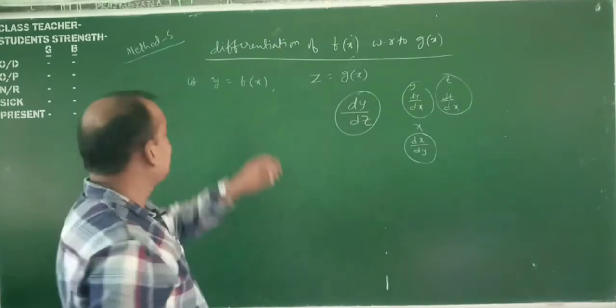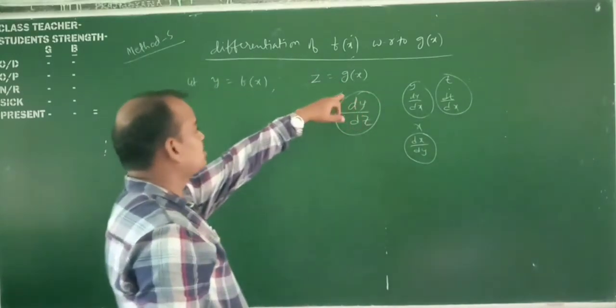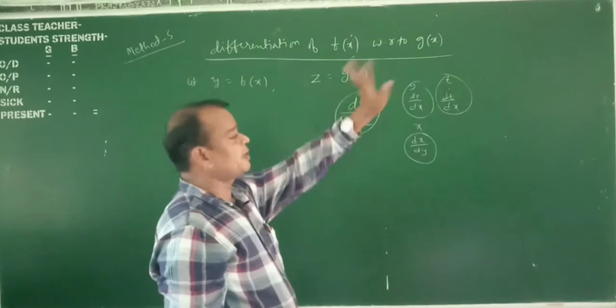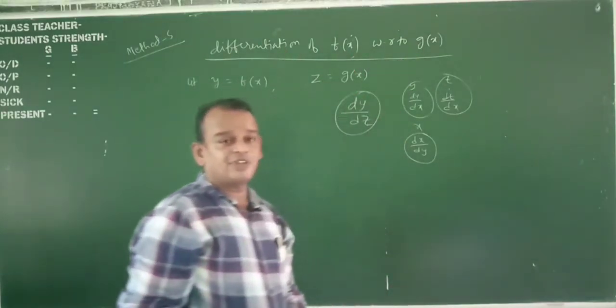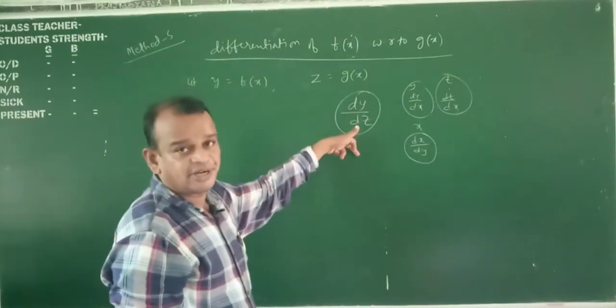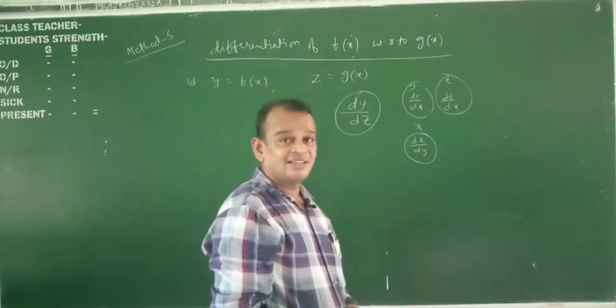Finally, we will find the derivative of y with respect to x. The derivative of f of x with respect to g of x means the derivative of the function y with respect to z, that is dy by dz.